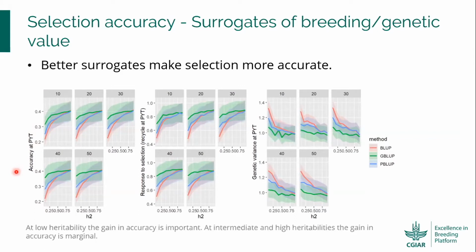The accuracy is basically the correlation between the estimated and the true breeding or genetic value. So in the case of a classical program, you can come up with some sort of accuracy, but you actually don't know the true breeding value.